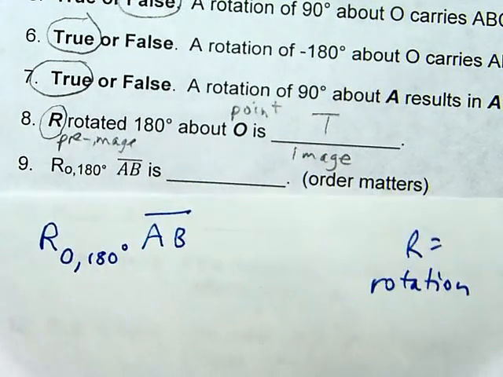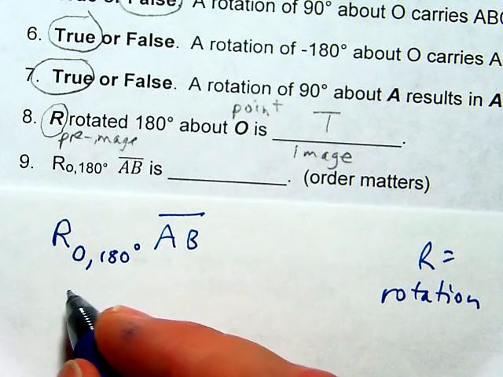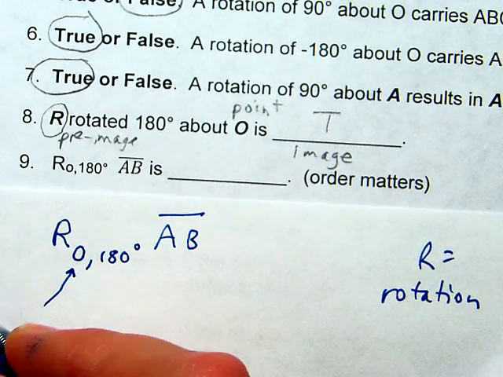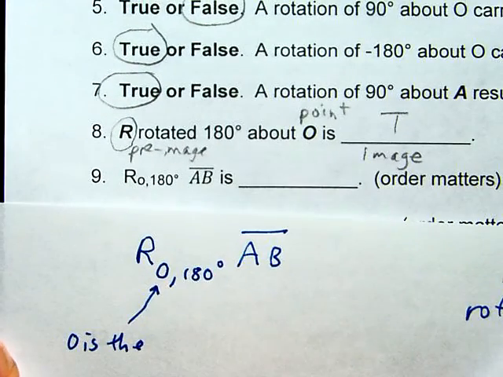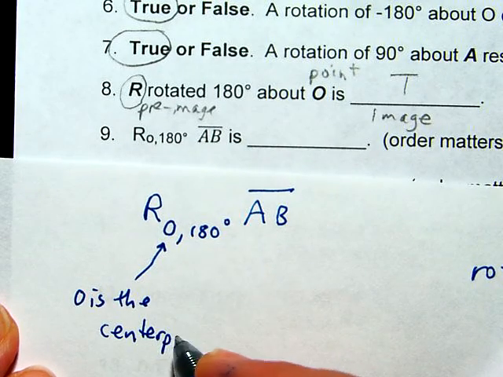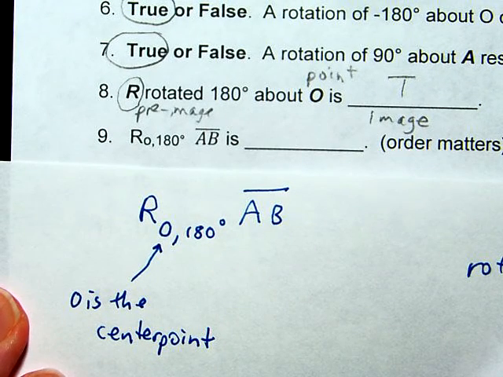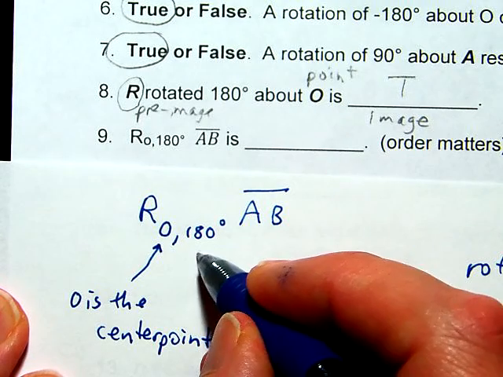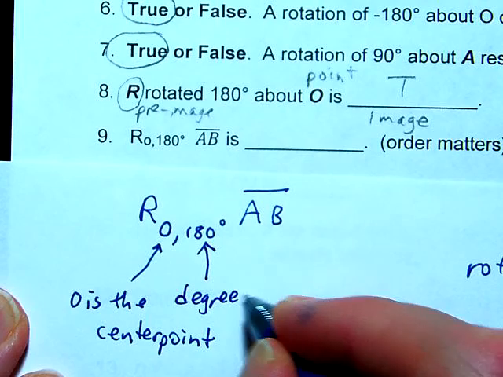How are we going to be doing the rotation? The center point is what comes first. So O is the center point. What comes next is the degree of rotation.